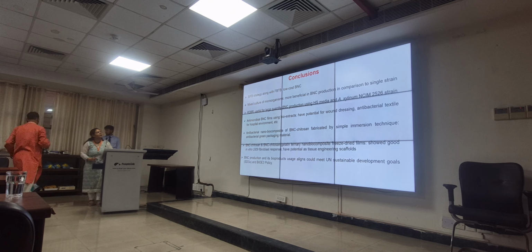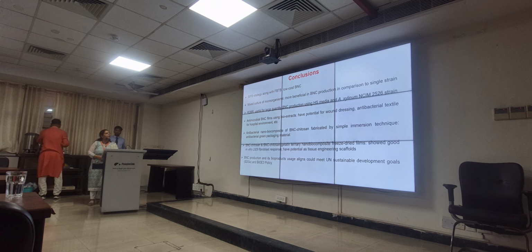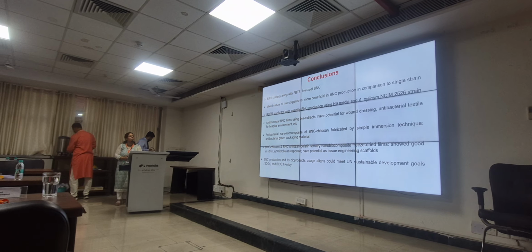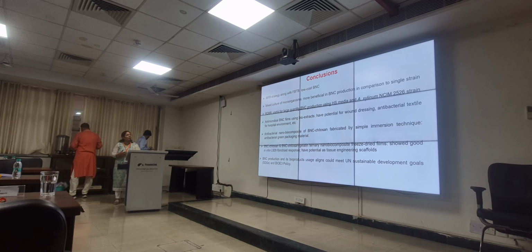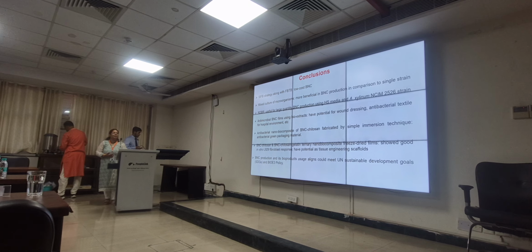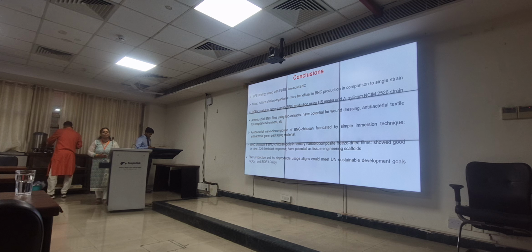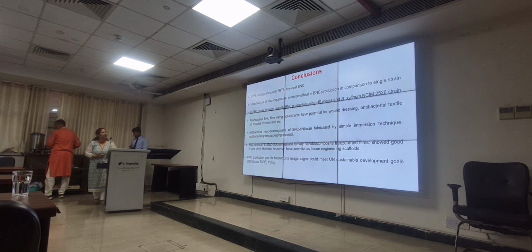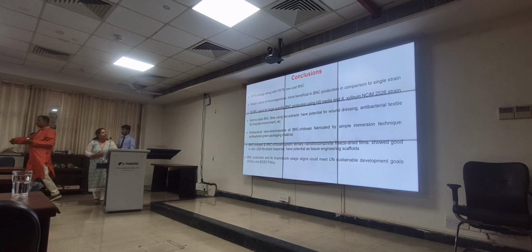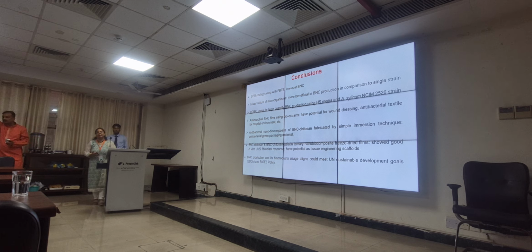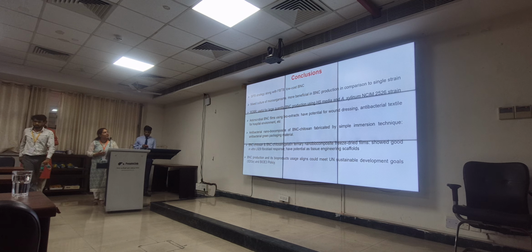So the conclusion is that the static intermittent fed batch strategy along with fermented black tea broth medium could be used as a low-cost medium for BNC production. Mixed culture could be more beneficial in comparison to a single commercial strain like Acetobacter. RDBR could be useful for large-scale production, but it is not working in the case of black tea broth.